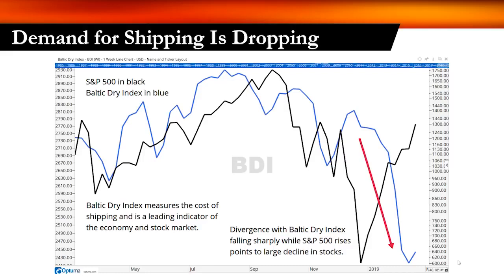It basically fell off a cliff beginning at the end of December, and that's the same time the stock market rally took off. The stock market shown as the black line here. So we have a big conflict in the data. Economy slowing, stock market accelerating. Basically, shipping demand collapsing. So this is an important one to watch.